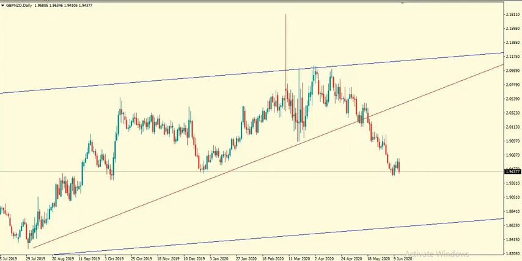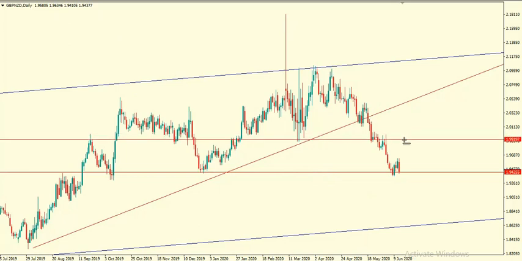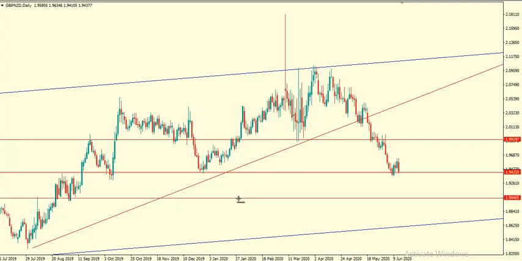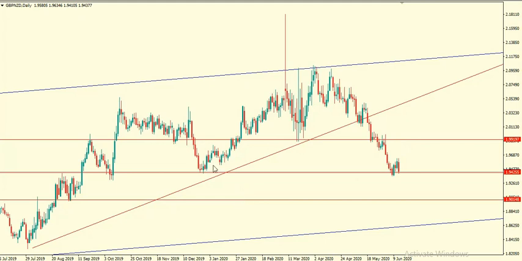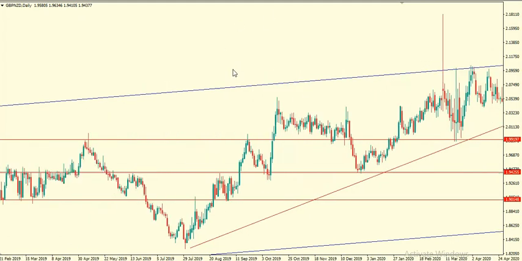Okay, so firstly I have one level right here. I have another level at this point. Okay, so next I have one level right at this low. And let's go back and see if we can pick one or two more levels.